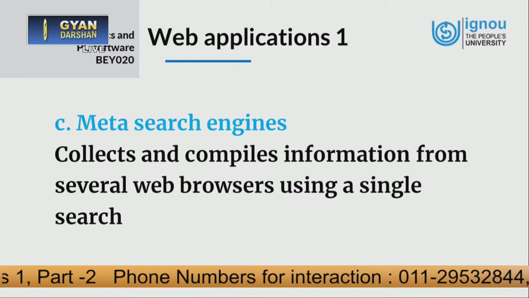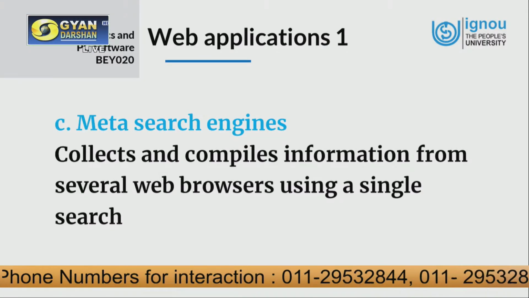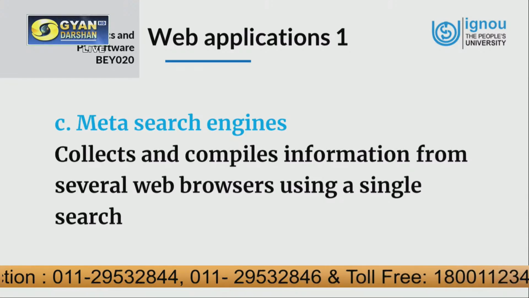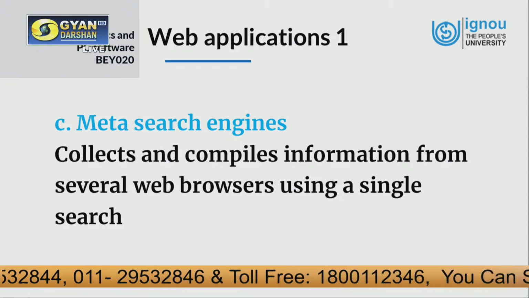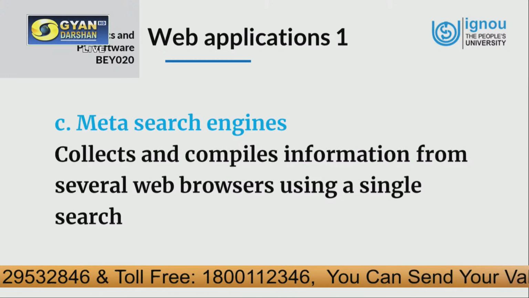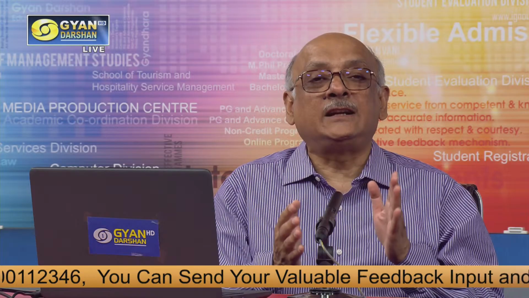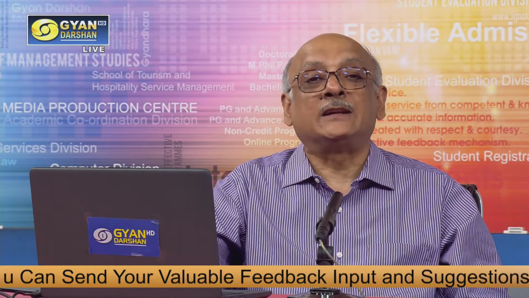And the third one was the meta search engine. Now these are all yesteryear's search engines, which collected and compiled information from several search engines. So these are the three types of search engine which used to exist.